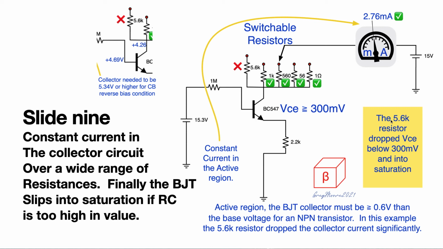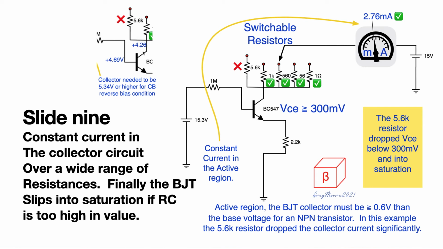The 5.6K resistor then, with the cross across it, dropped VCE below 300 millivolts and into saturation. It did each of those other two things as well, so it satisfied all three conditions for saturation. I measured the values. 4.69 volts was on the base, and only 4.26 volts was on the collector with that 5.6K.